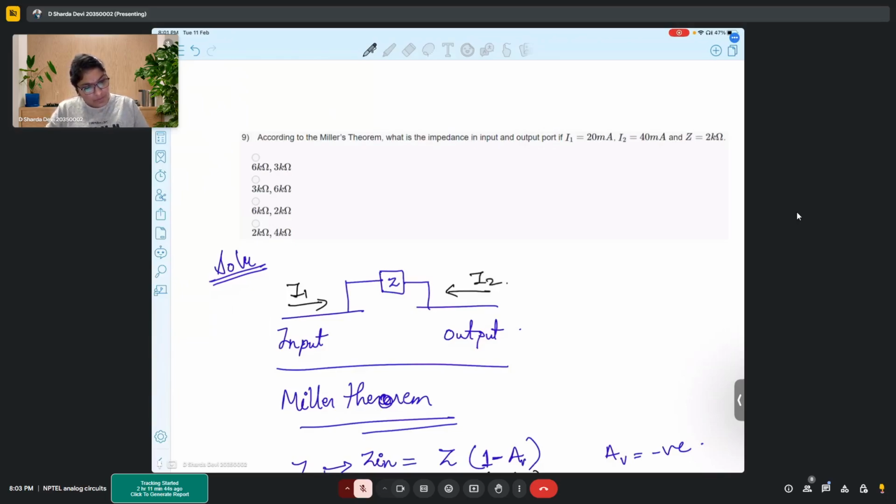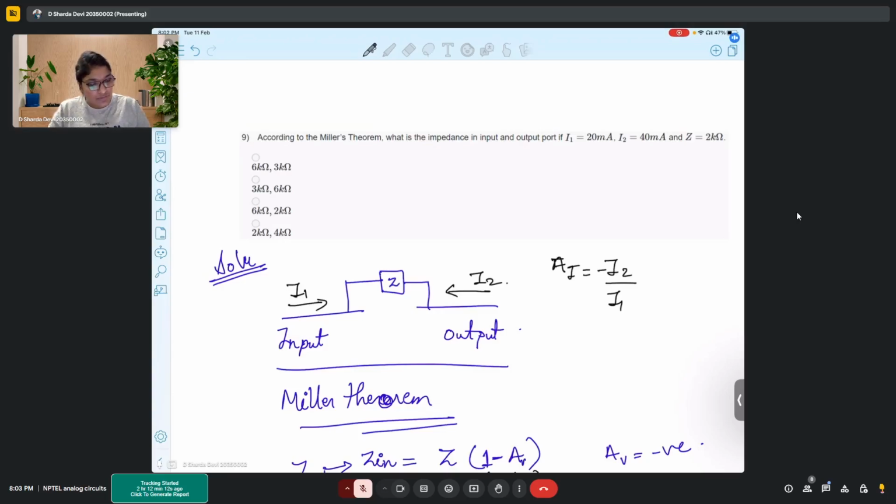The gain AI is I2 by I1, but considering the direction of I2, in the output you look at the current flowing through your load, right?